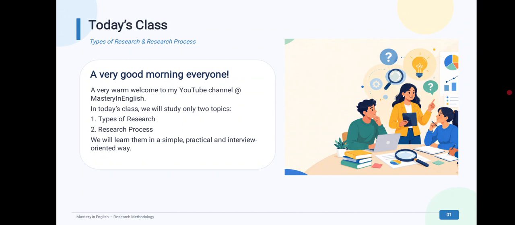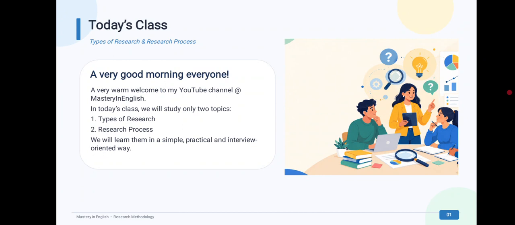Basically, these concepts are not only important for examination, but are also used for assignments. In addition to that, they are important for viva and interview, and they are also useful in practical life and business decision making.